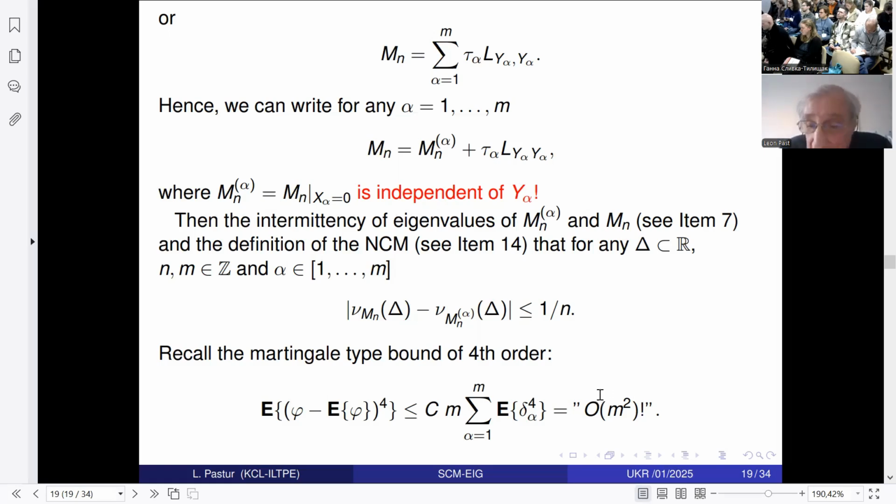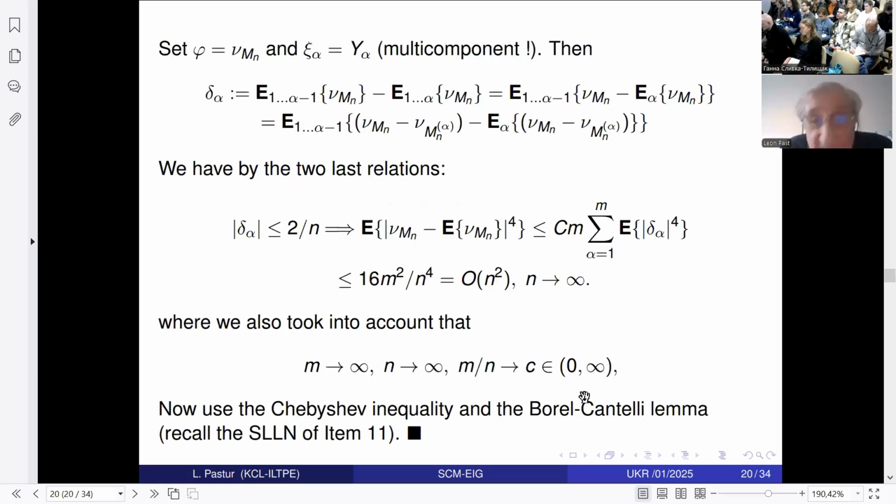Therefore, what do I do? Let me just show you. So we take that formula, we take the statistic phi, our eigenvalue counting measure, we take as xi alpha, now it will be a vector, not like in my example in the tutorial when xi was a scalar. And then we write this delta.